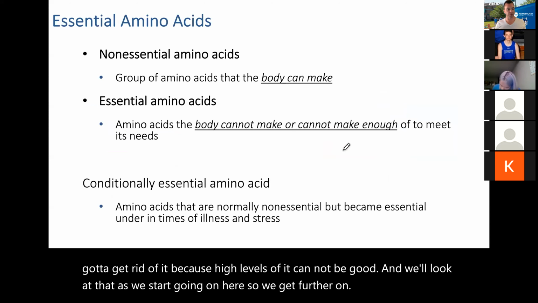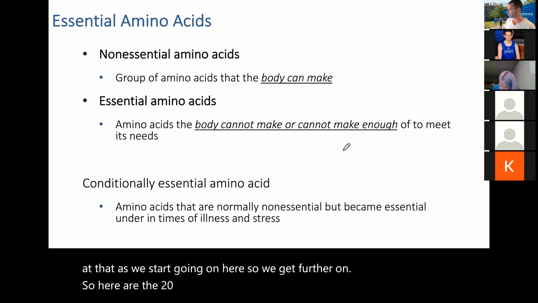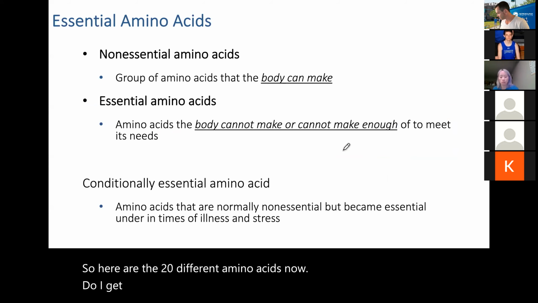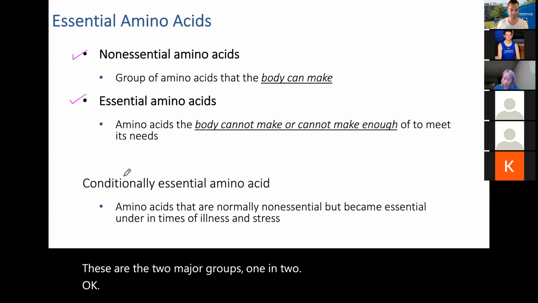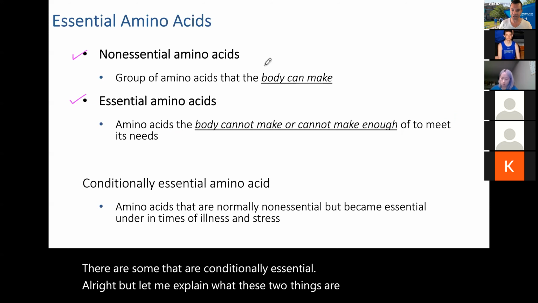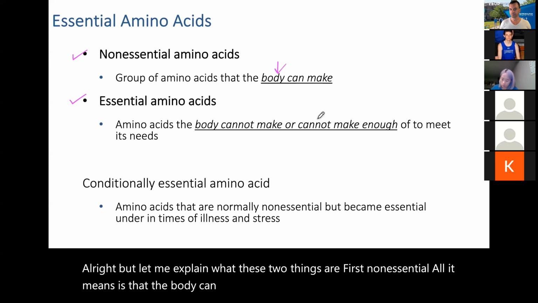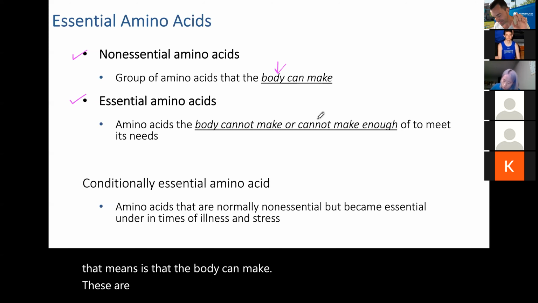So here are the 20 different amino acids. These are the two major groups, 1 and 2. There are some that are conditionally essential, but let me explain what these two things are first. Non-essential all it means is that the body can make them. These are amino acids that the body can synthesize itself.